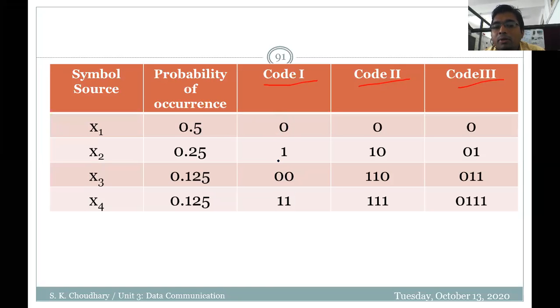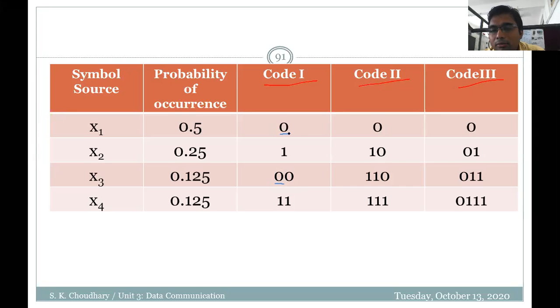Similarly, x2 is coded by only 1 bit, binary 1. So it is again an individual code word. But if you look at x3, it is encoded with 2 binary bits, 0, 0. So you can see that this first 0 is a prefix of this x3 code word 0, 0, and this is also the code word for x1.